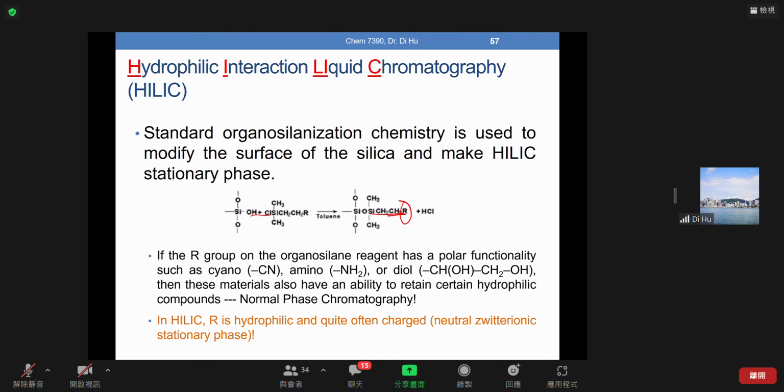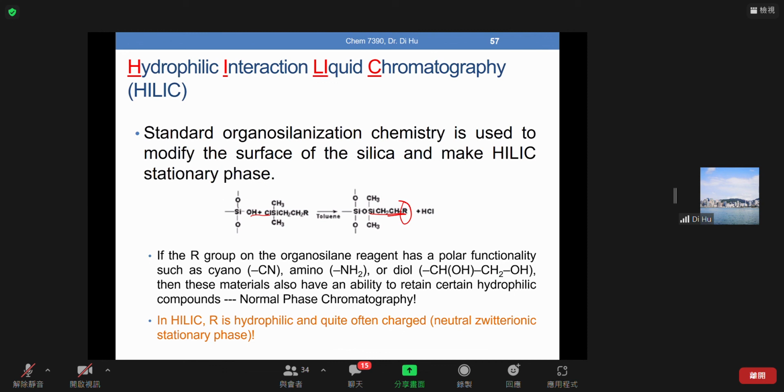That is part of the reason. Also, like I said, people want to deal not just with polar neutral compounds but also with ionic species. So that led to the development of hydrophilic interaction chromatography.